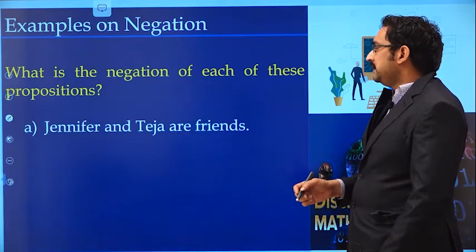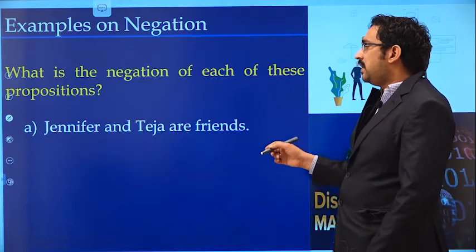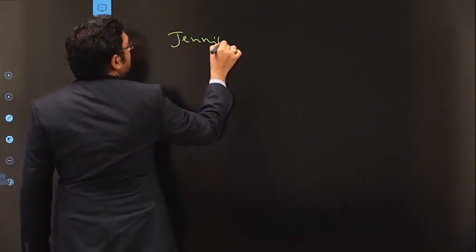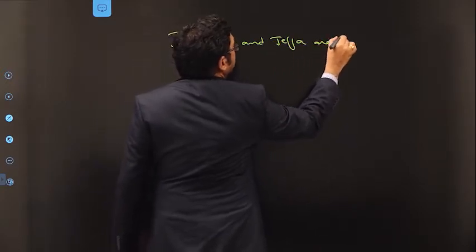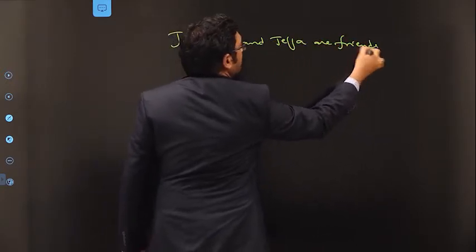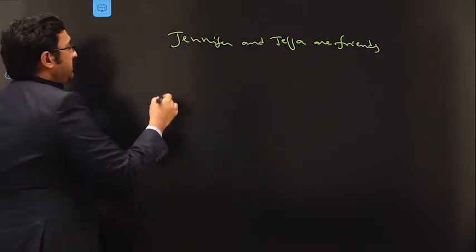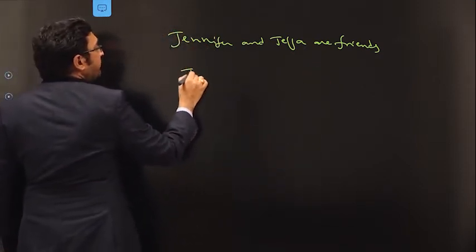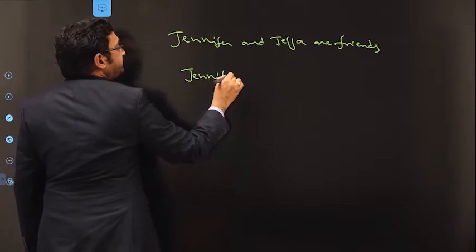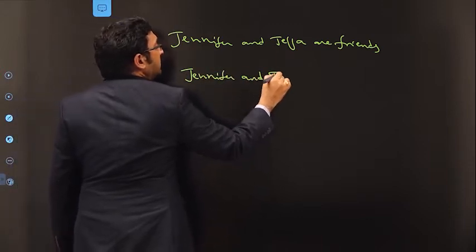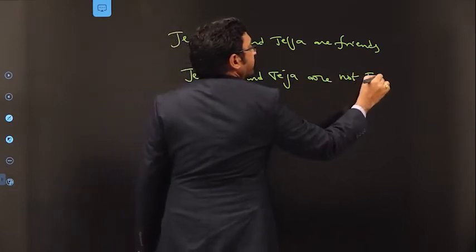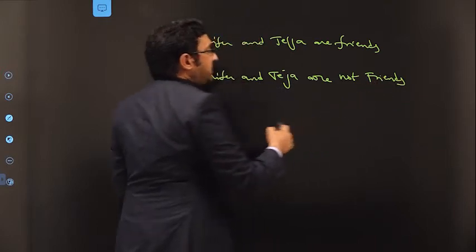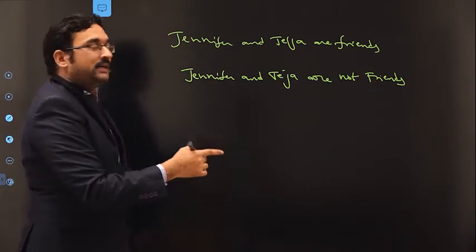Next, one more example. Here the given statement is Jennifer and Teja are friends. For this we can write in two ways. One is Jennifer and Teja are not friends. That is one way.